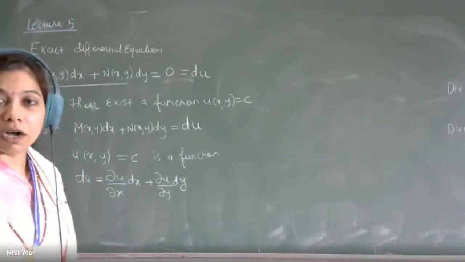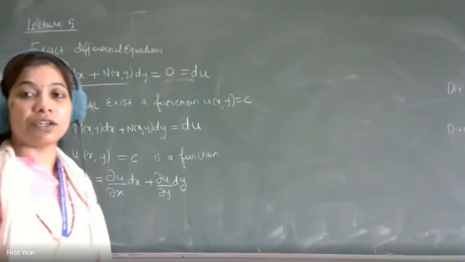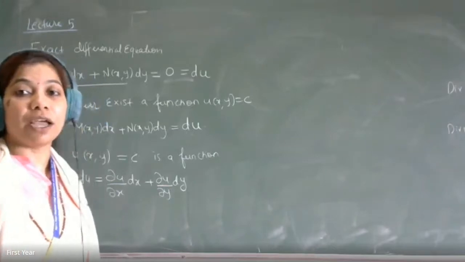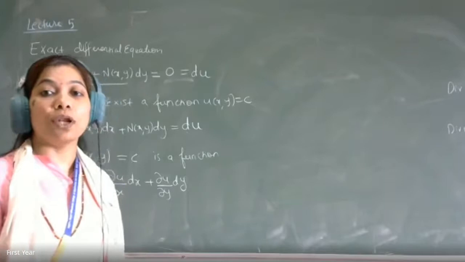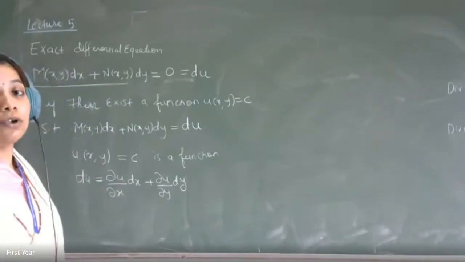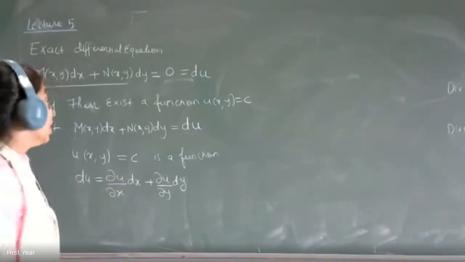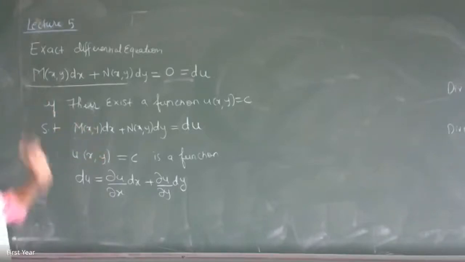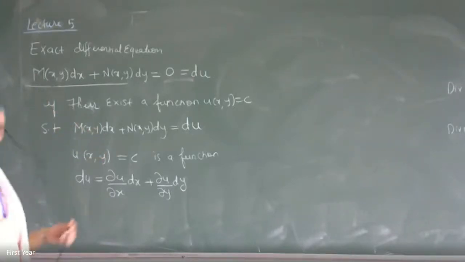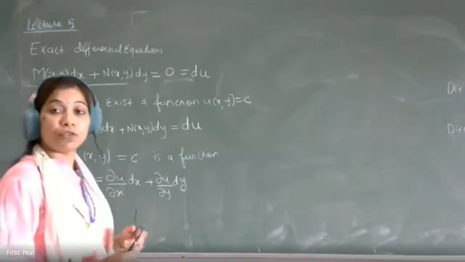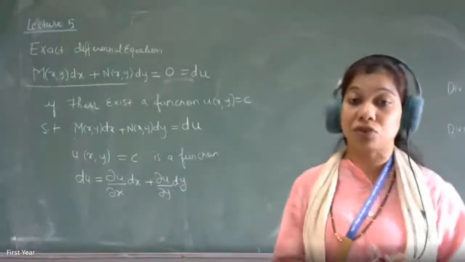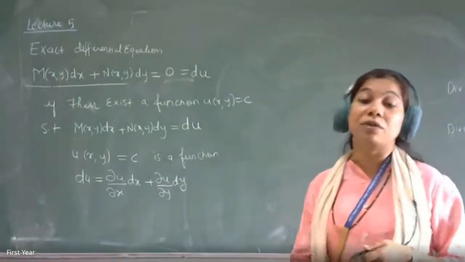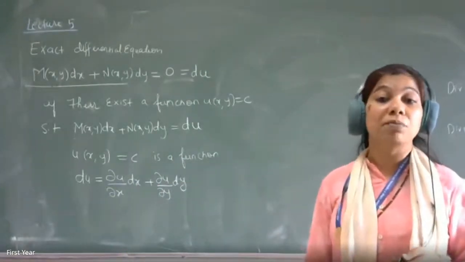Now Anjali is asking me a question. Does this form indirectly mean that for a particular differential equation there will always exist only a unique solution? You will get a unique solution, obviously, though by this method you may not get all the solutions. If you are talking about the general solution, it will change with the arbitrary constant, but when you take a fixed value of c, it becomes a unique solution.